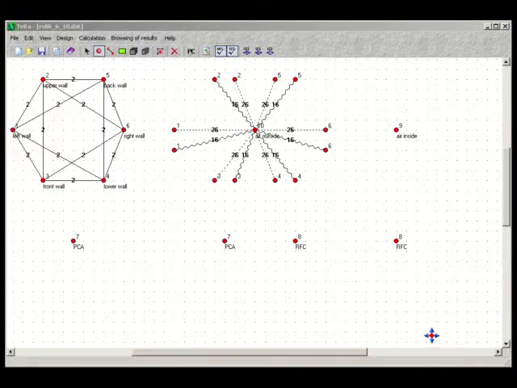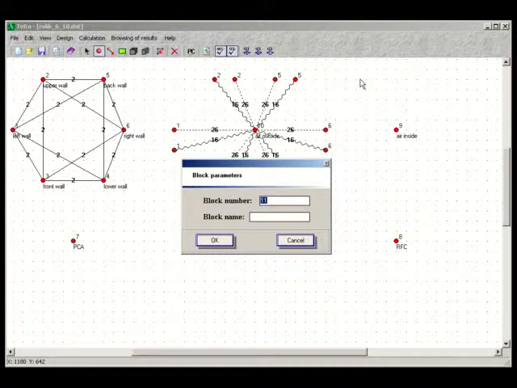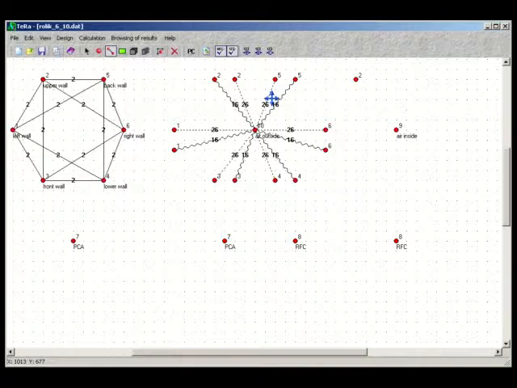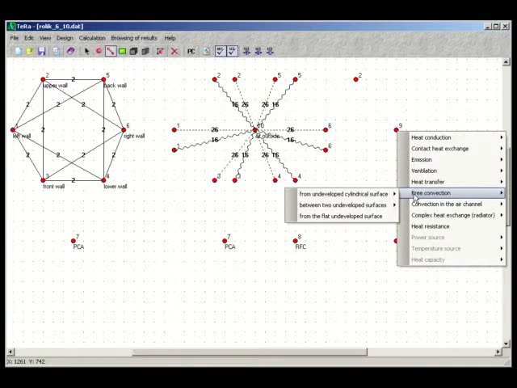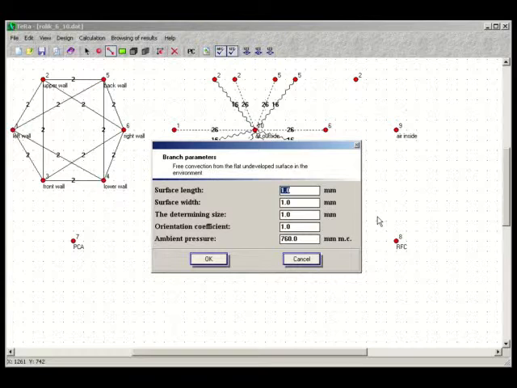Block 2 we connect to block 9 by the branch free convection from the flat undeveloped surface. Parameter of the branch of the top wall: surface length 250, surface width 200, the determining size 200, which is taken from the reference book.